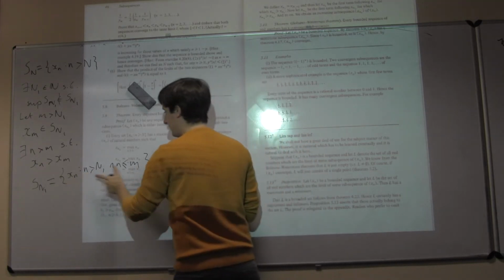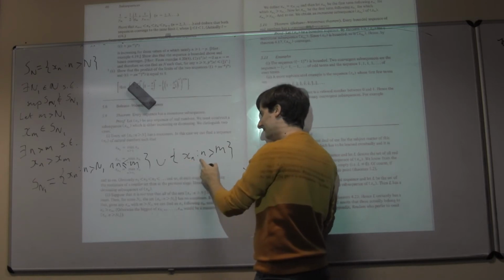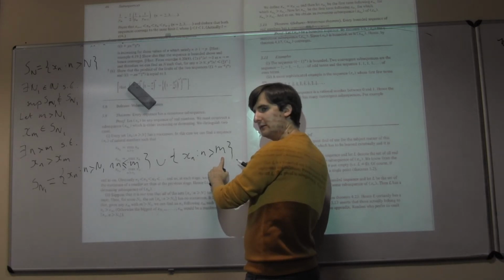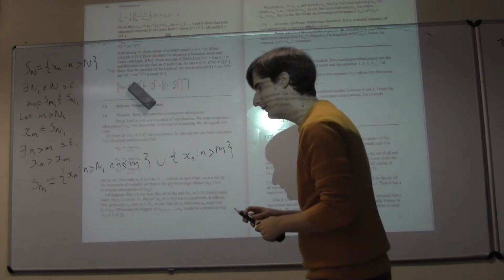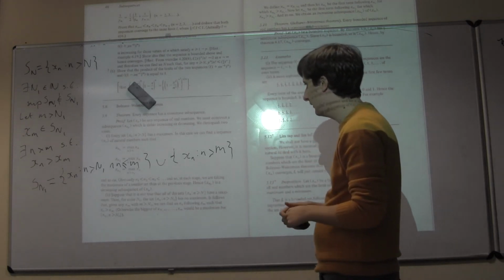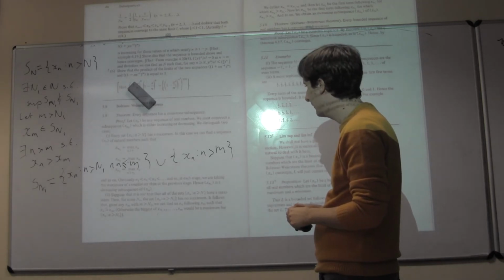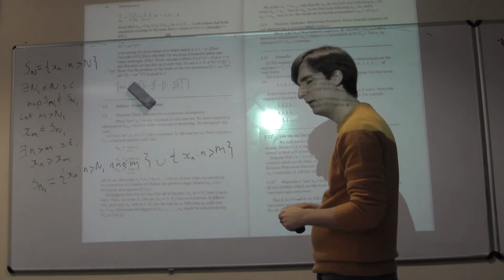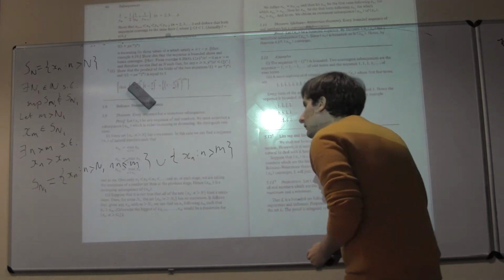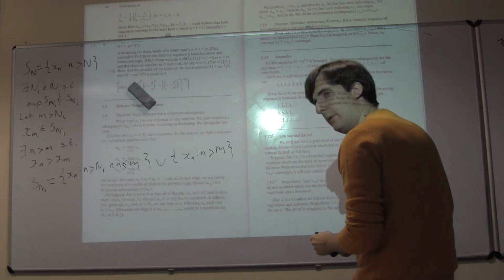We can think of it as that combined with the set of all the elements of x_n where the index is bigger than m. But if we combine that, we will not get n greater than N1 and n equal to m, because in one case you have n less or equal to m, and in the other case n bigger than m.